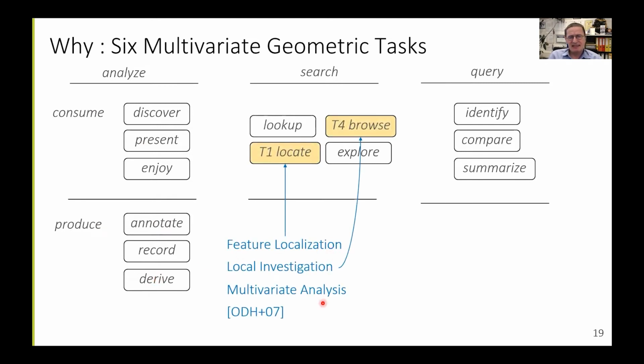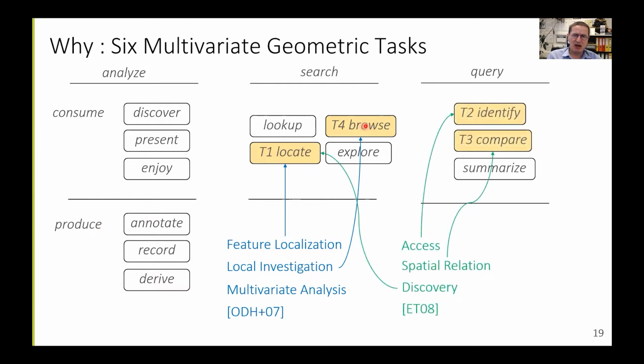And if you take the abstract analysis tasks and try to tie them in, then we see that the feature localization is reflected here. The local investigation can be the browse here. And also the second taxonomy of Elmqvist fits nicely into here. Access can be sort of identify, spatial relation can be compare, and discovery can be locate.